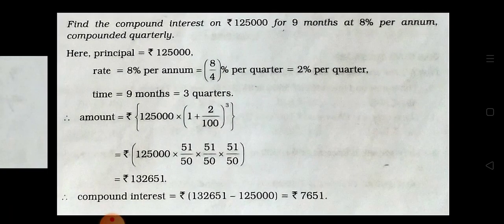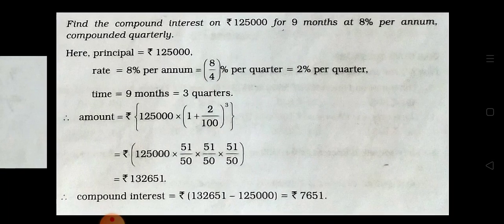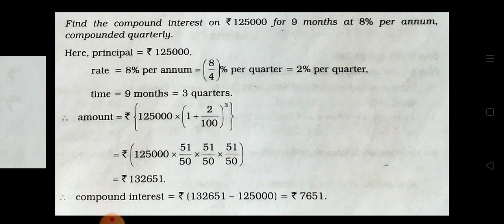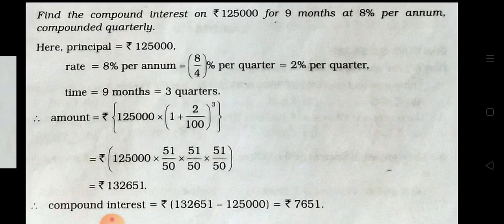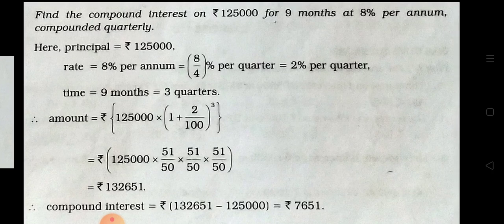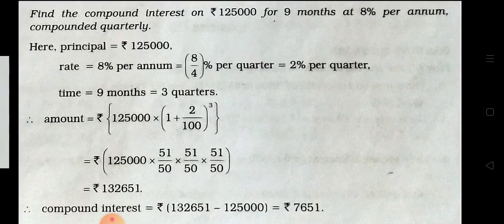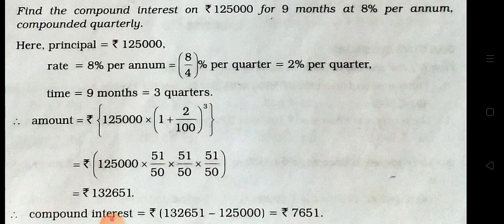After calculating, I got the amount as 1,32,651. Now, when this amount is subtracted by the principal, 1,25,000, I get the compound interest, which is 7,651.